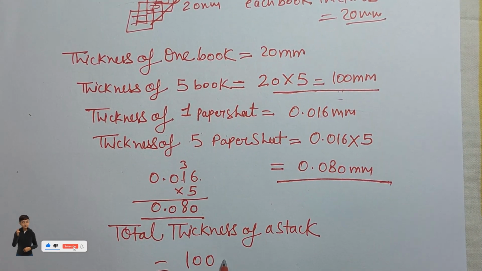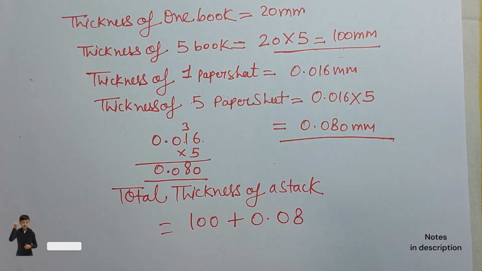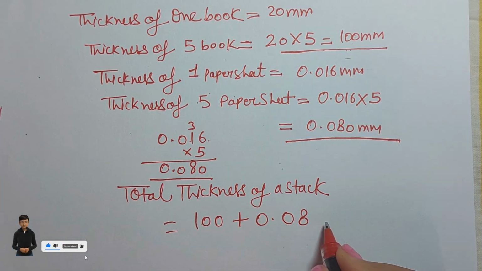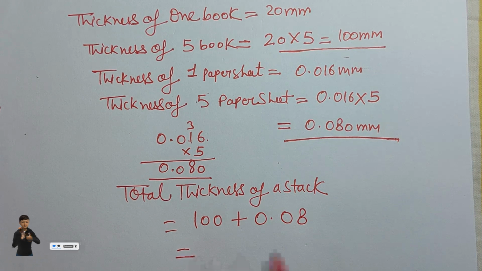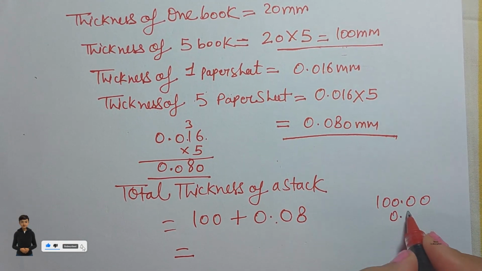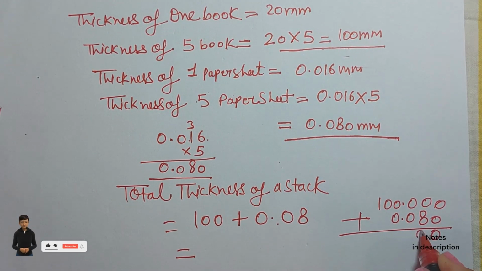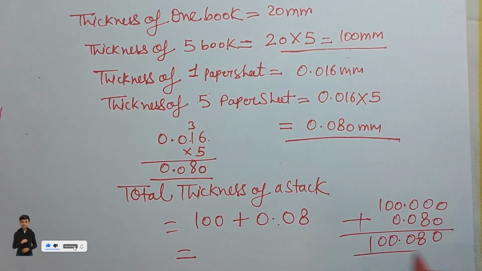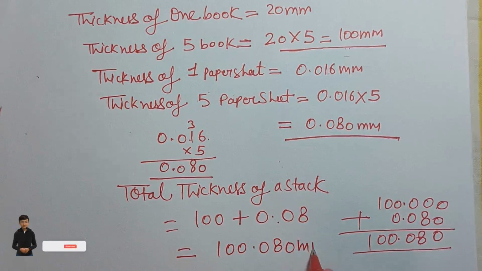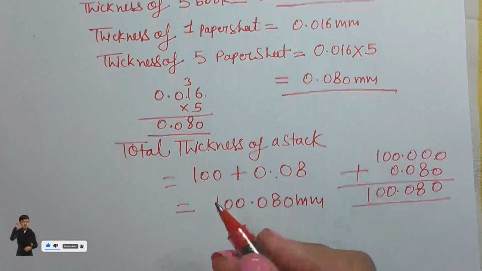So 100 plus 0.08, or you can write 80. Add 0.001. What is the answer? 100.080 mm. Understood?